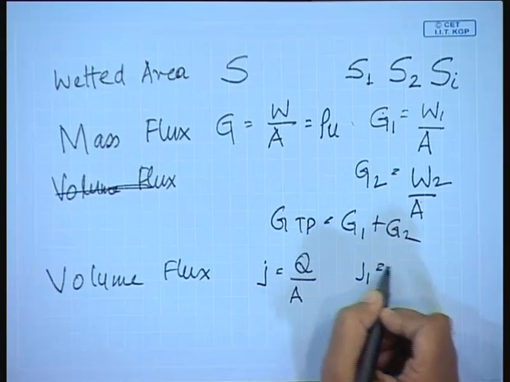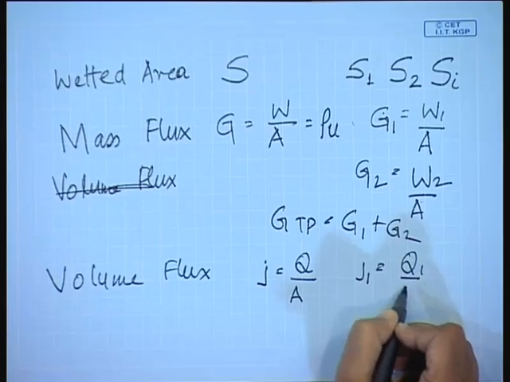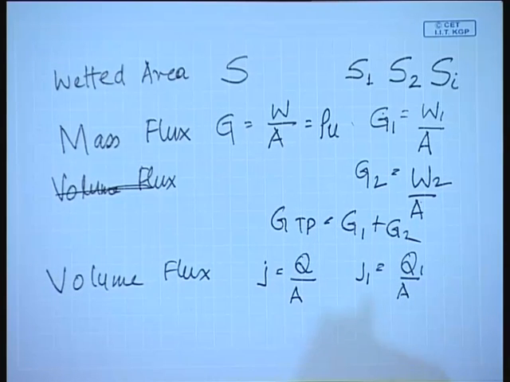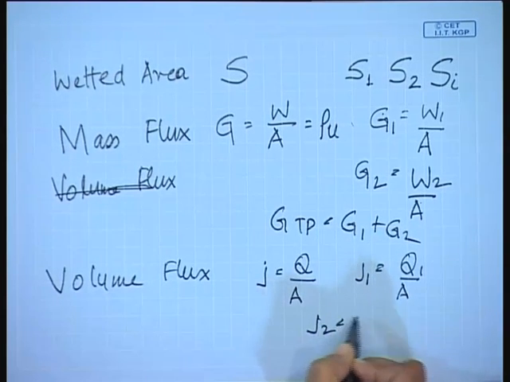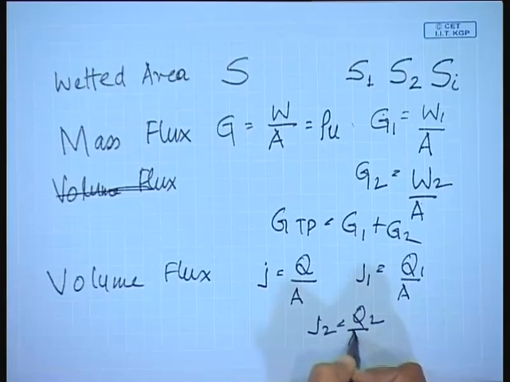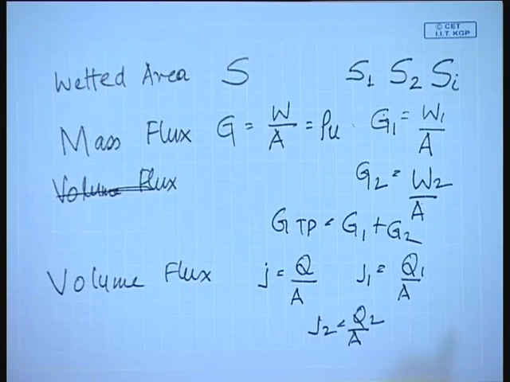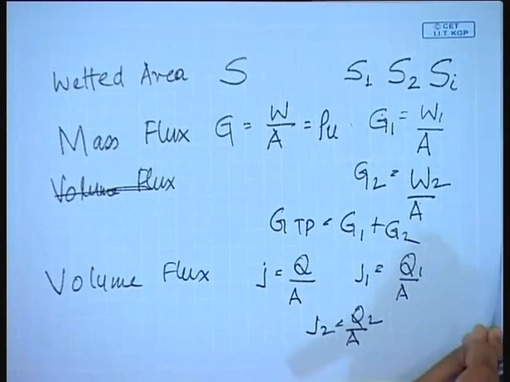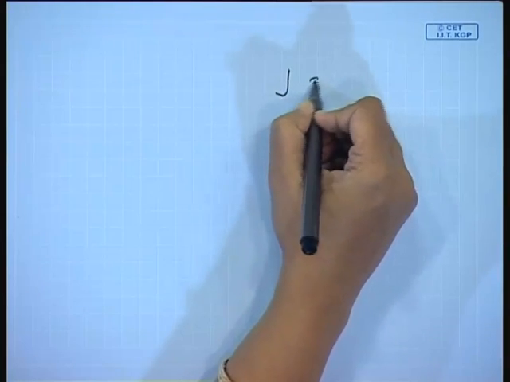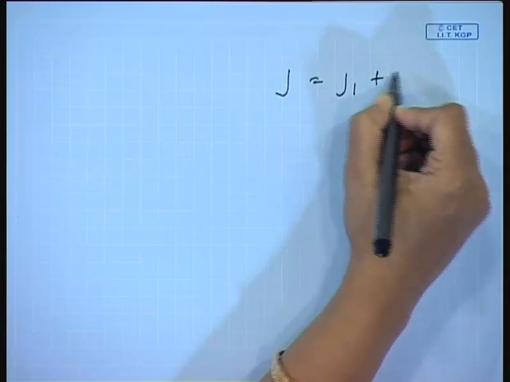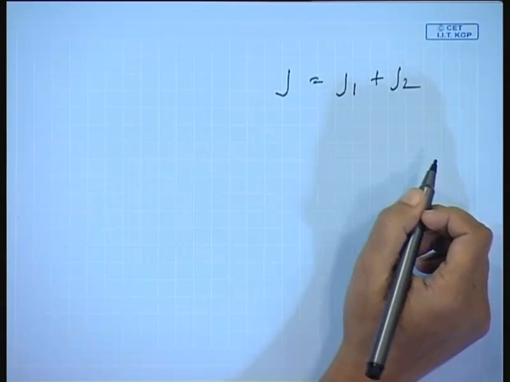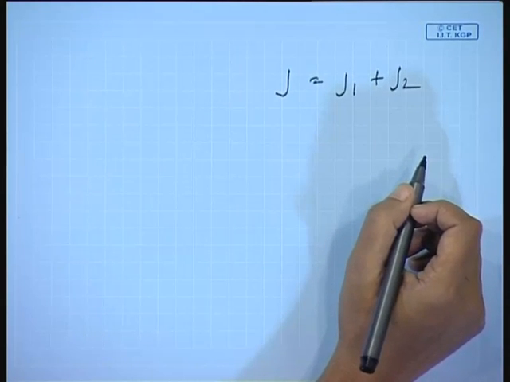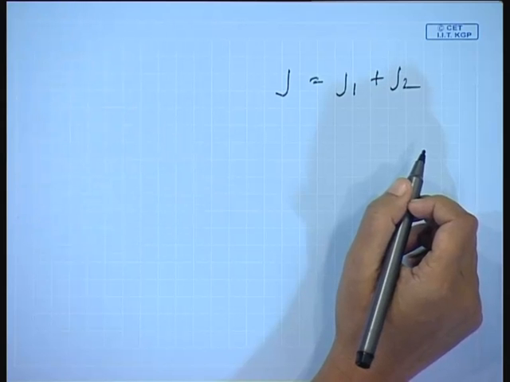Accordingly, here we will be having J1 as Q1 by A, J2 as Q2 by A, and then we will be having J which is equal to J1 plus J2. Agreed all of you? So, this we are going to have.